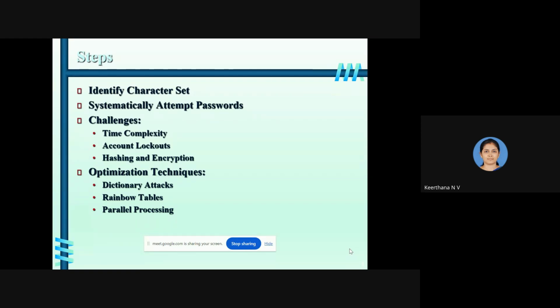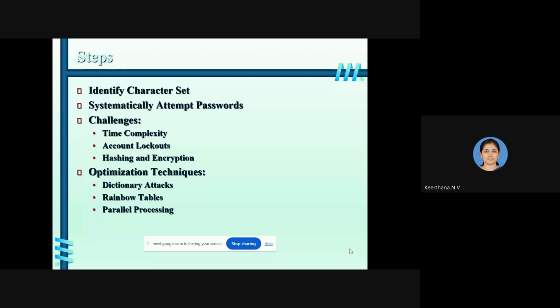When you enter your password, it is hashed or encrypted and stored in your data center, so it is more difficult for attackers to use reverse engineering processes to guess your password. So these are the challenges involved in taking up the brute force approach for guessing passwords.